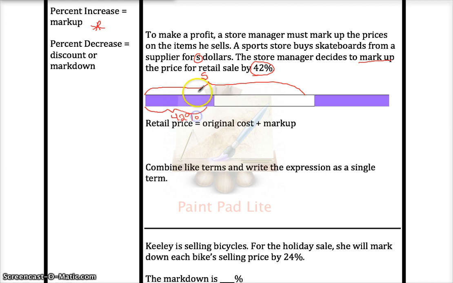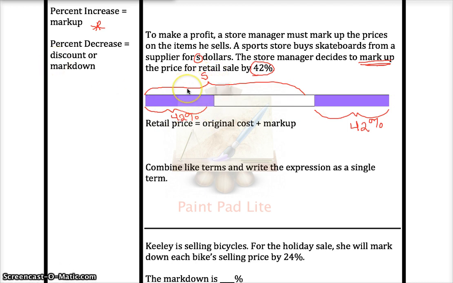And then because the store manager is marking it up, that means he's adding it on to the price. So he's finding 42% of the skateboard, and then he's adding that same 42% to the original price. So this also is 42% right here. Okay, so this whole bar is 142% because this is 100%, and this is 42% of the original skateboard.